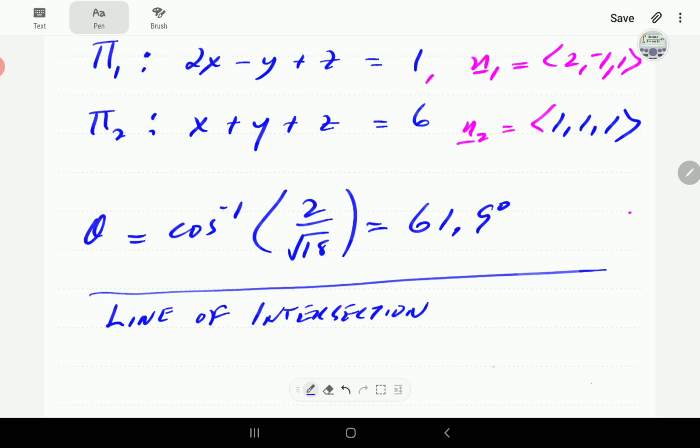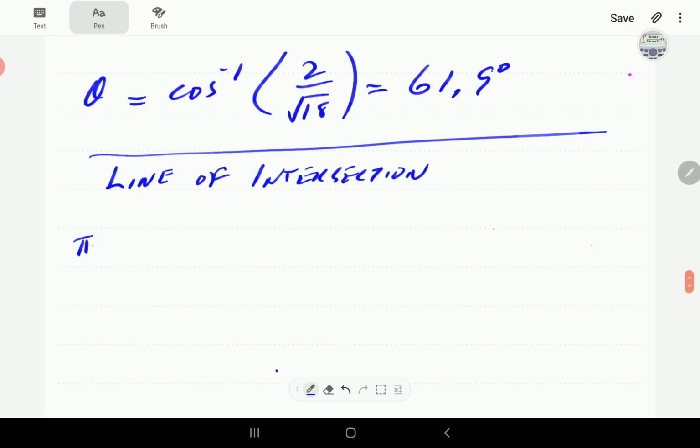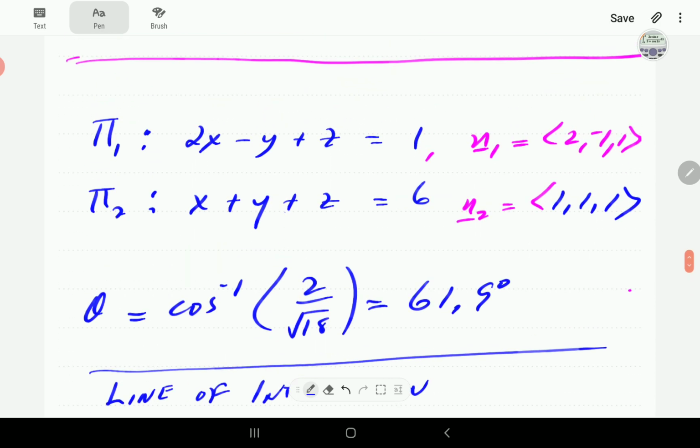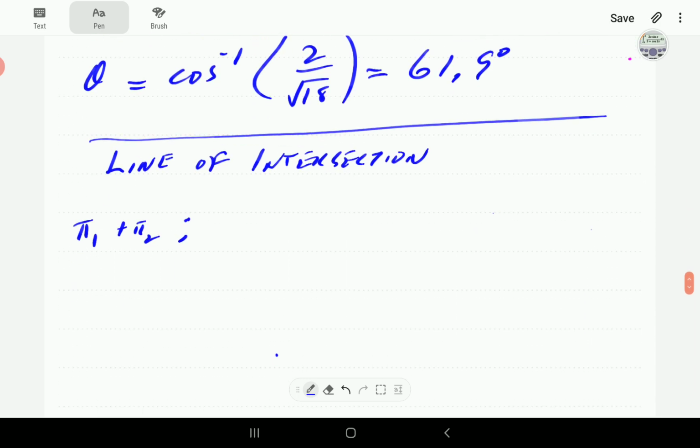If I simply add pi 1 plus pi 2, then y is going to be eliminated here. So we're going to have 3x plus 2z equals 7. Then we are going to make one of these the subject of the formula. It doesn't matter which one. I'm going to make z.